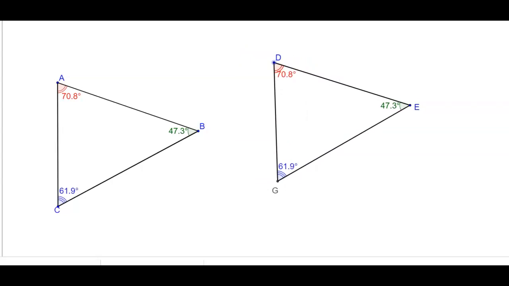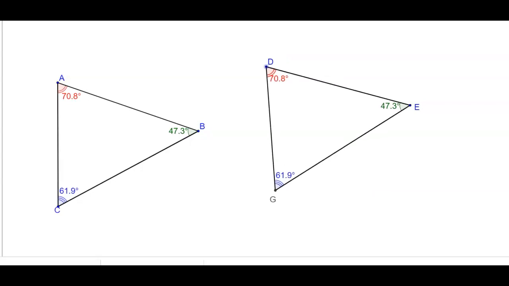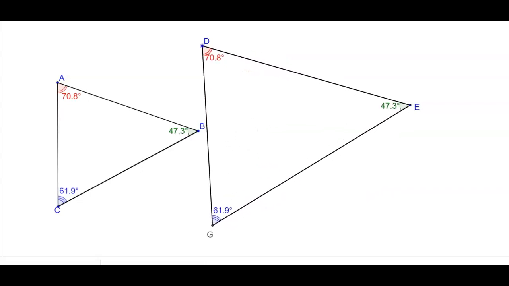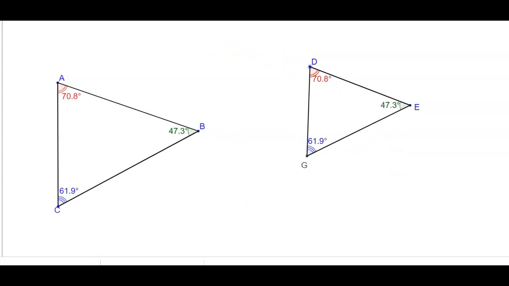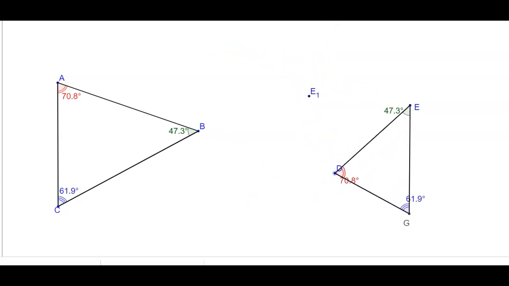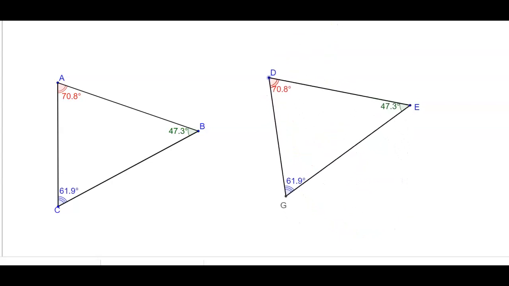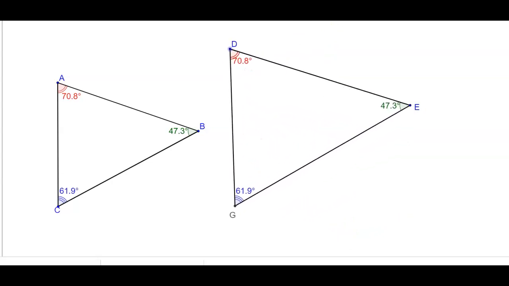If you look at the screen, here we have three angles, triangle ABC and triangle DEF. You can see the red angles, the green angles, and the blue angles are congruent. But the triangles are not congruent. They are different sizes. No matter what I do here, the angles are identical, but the triangles are not congruent. So angle, angle, angle does not justify congruent triangles.